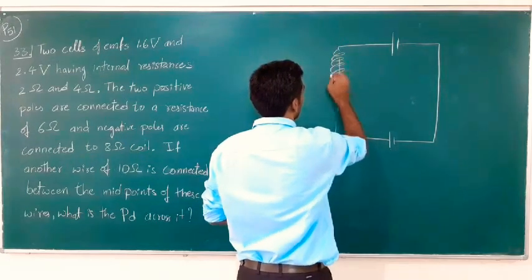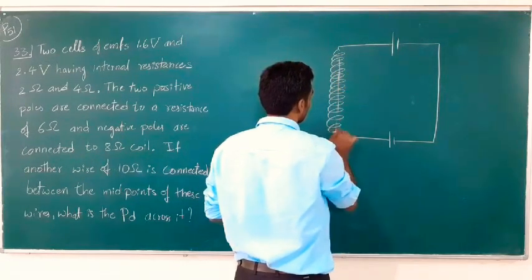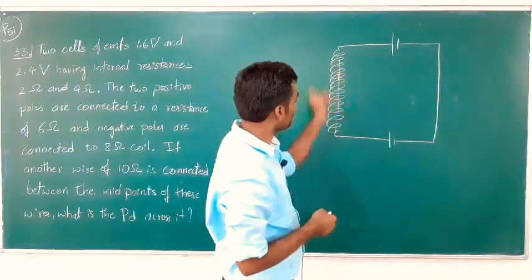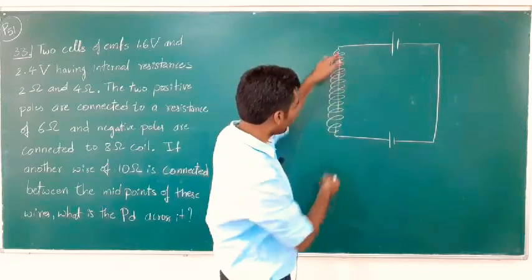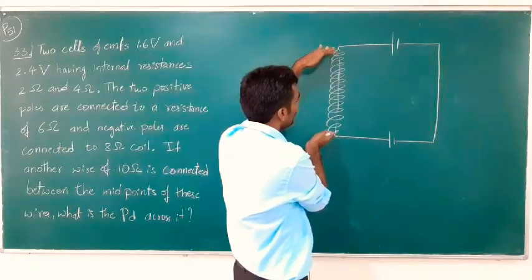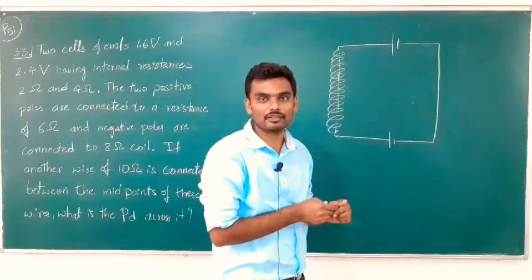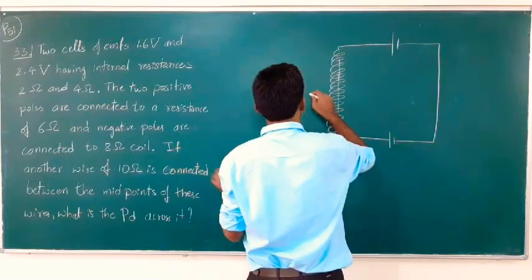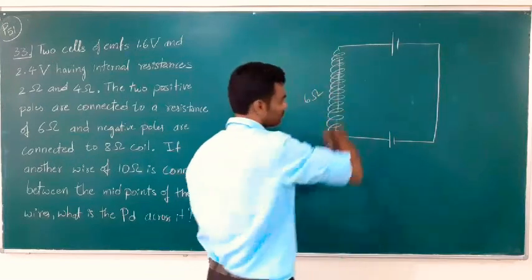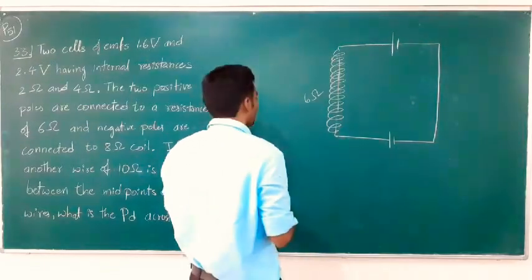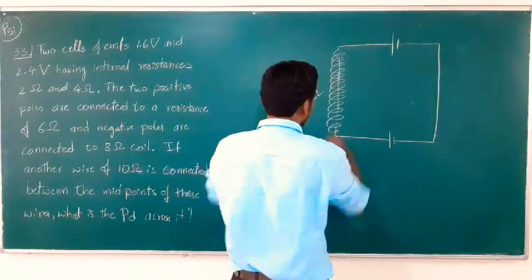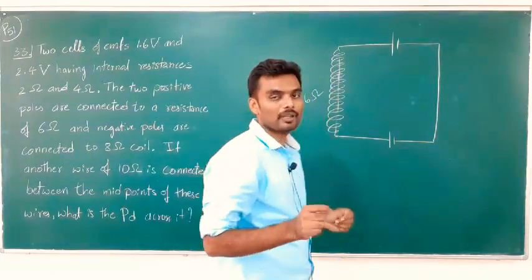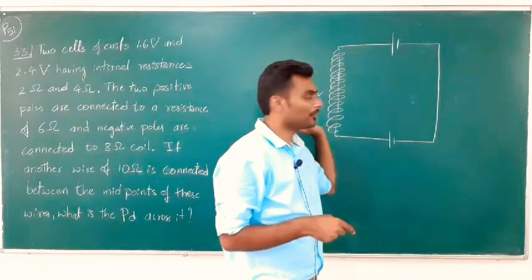It's a wire of so many turns, and since this wire has its own resistance, upon keeping this many turns, this entire length of wire will offer certain resistance. And this coil where the positive poles are connected is 6 ohm. Now here, instead of this loop, I could have represented it simply by resistors. I will do it once I complete the question.